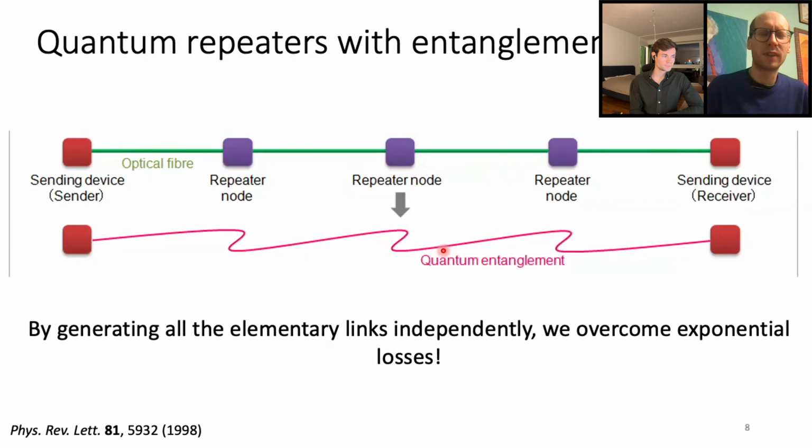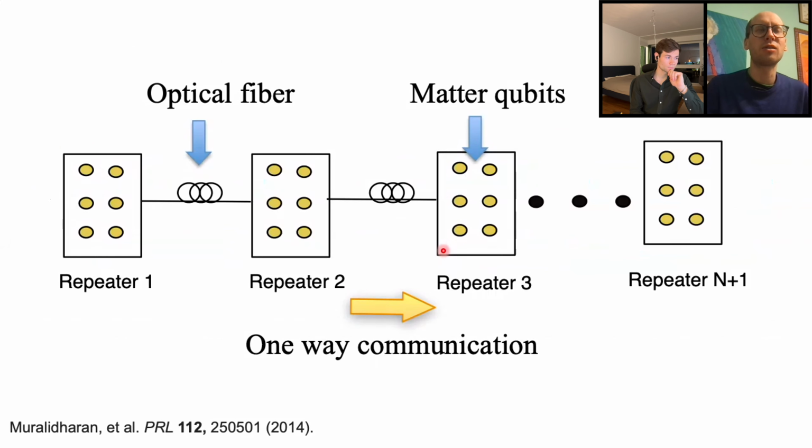So a new approach started to emerge, let's say over the last 10 years, which is to try to see whether you can use quantum error correction. So instead of generating this entanglement by just connecting short-distance links, you try to do something like it is being done in a classical setting. In a classical setting, we use classical error correcting codes. So can we use quantum error correcting codes to overcome losses?